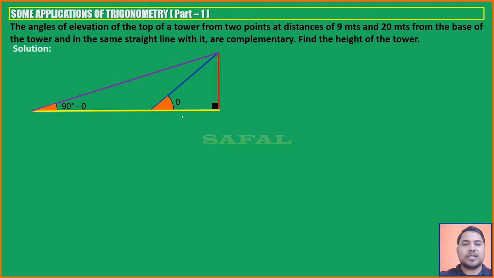So this distance is given to us as 9 meters. This distance is 9 meters. And the total distance, the length of the yellow line, which I can see here, is 20 meters. So let me name the points A, B, C and D. What is asked to us is basically AB, the height of the tower.